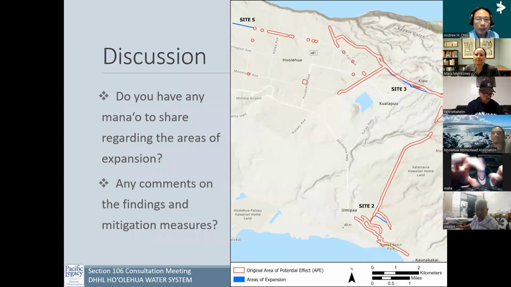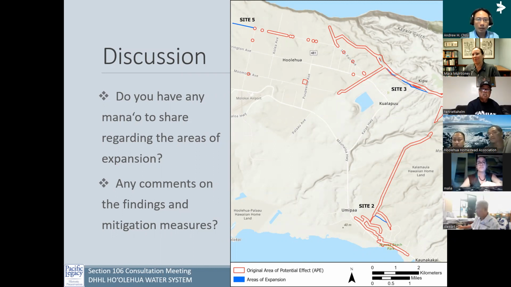From Malia, Site 3: how long is the proposed new 6-inch pipe for the expansion? It's about 3,000 linear feet, and they're replacing a 6-inch line that's made from a material that contains asbestos. So they are replacing the whole line. Is that correct, Stuart?